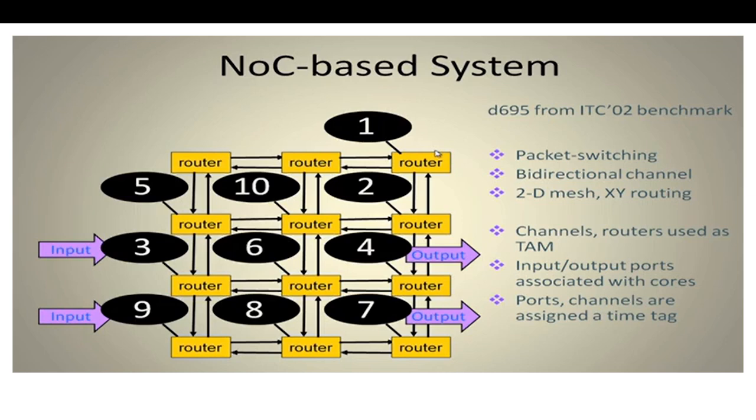Packet switching, bidirectional channel, 2D mesh, XY routing. So what is packet switching? Say we have to communicate between port 5 and port 10. We pass the message in packets, so here we perform the packetization.